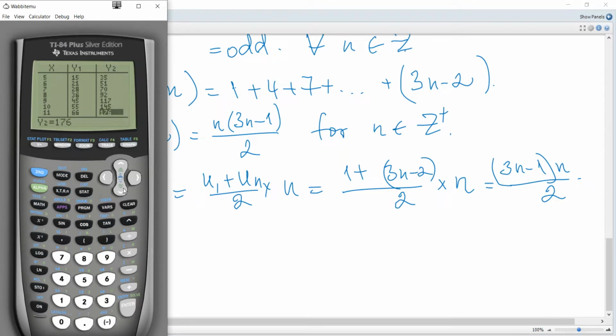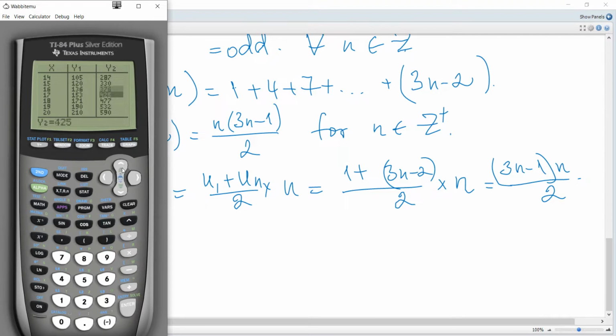Let's consider from 100 to 200. There is no same value.